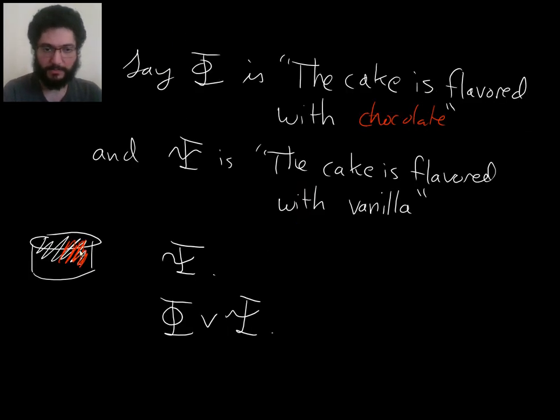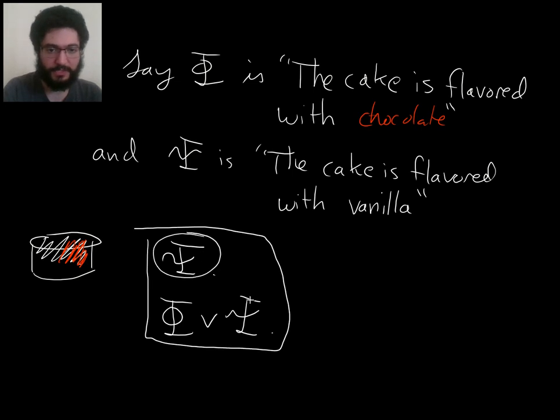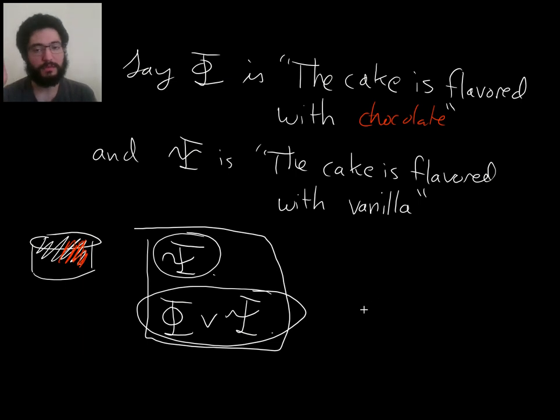So in this situation where the cake is flavored with vanilla and chocolate, the line of reasoning I'm describing here is valid. This is true by observation, and this follows. The cake is in fact flavored with vanilla. I don't care if it's also flavored with chocolate, and this follows. So that tells you something about the or in mathematical logic that might seem different from how we sometimes use or in English.